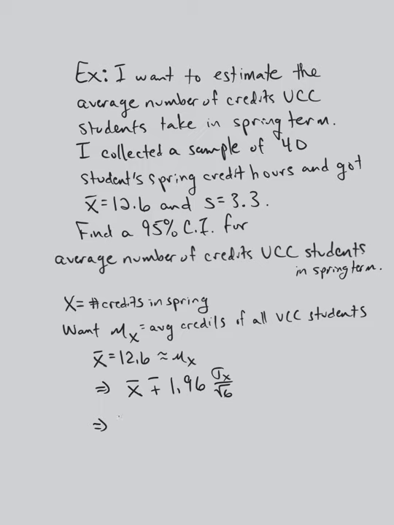So X bar is 12.6, and then minus plus 1.96, and I don't know why I wrote 6 a minute ago there, but that should be n in my formula. Sorry about that. Okay, and so n, I took a sample of 40 measurements, and so n is equal to 40. And so I'm going to divide by the square root of 40.